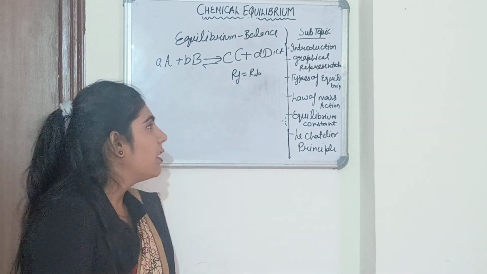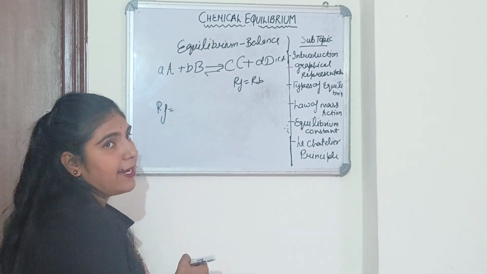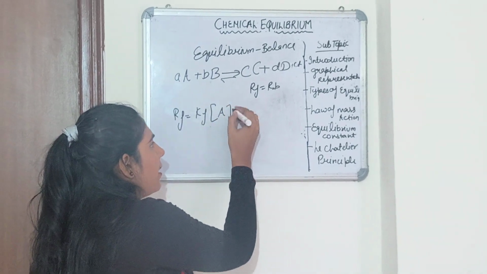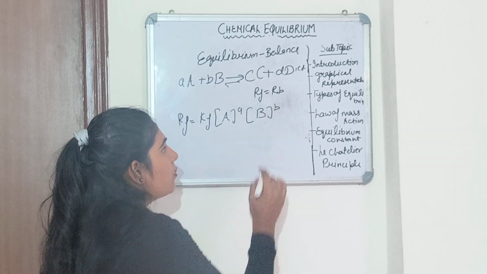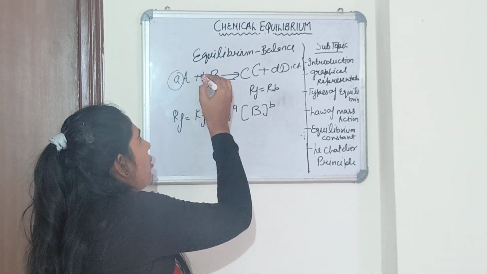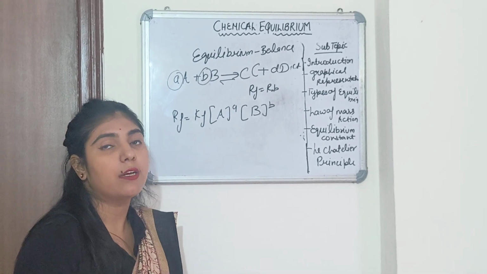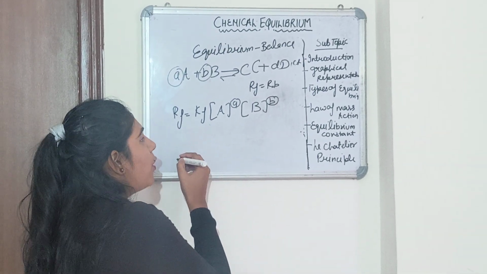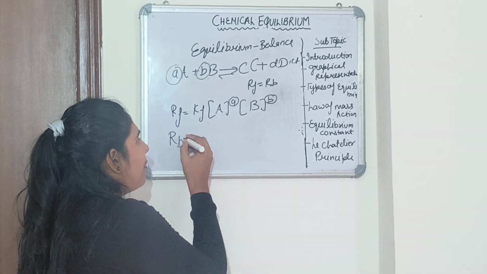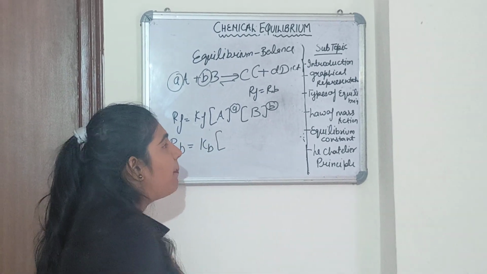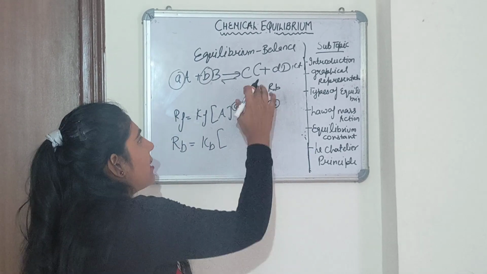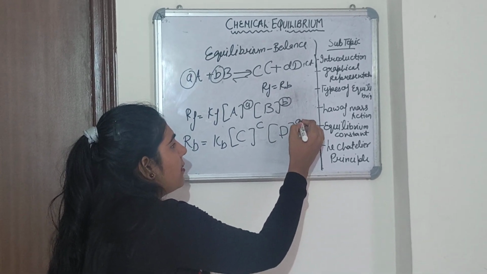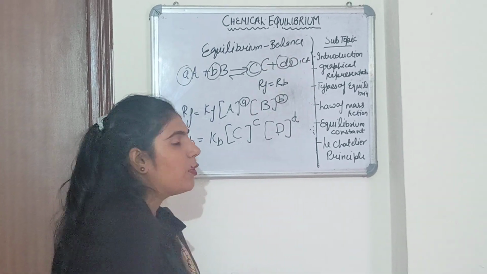The RF depends on the concentration of the reactants. So we write RF is equal to Kf times the concentration of A and the concentration of B. The stoichiometric coefficients a and b written in the reaction get converted into the powers of the concentrations of A and B. If we want to write the rate of reaction for the backward reaction, it will be equal to Kb, depending on the concentration of the products, which are C and D. The stoichiometric coefficients of products C and D become their powers.